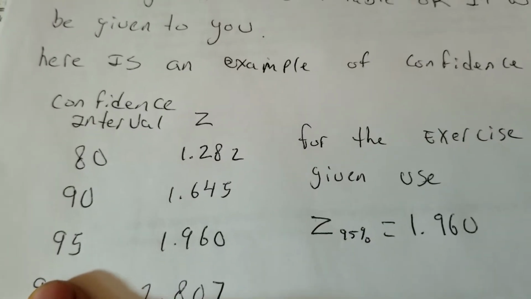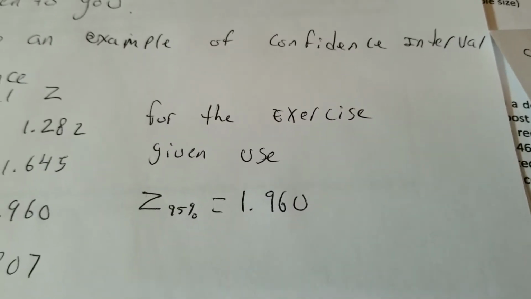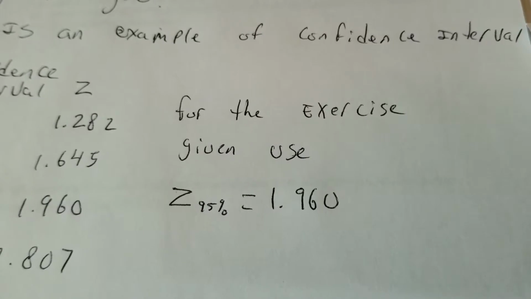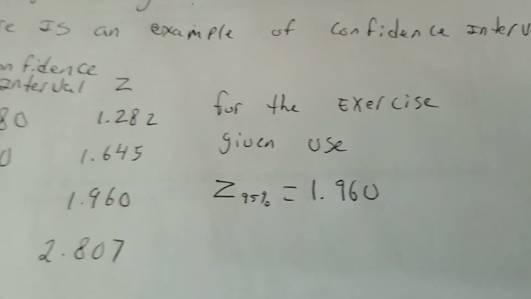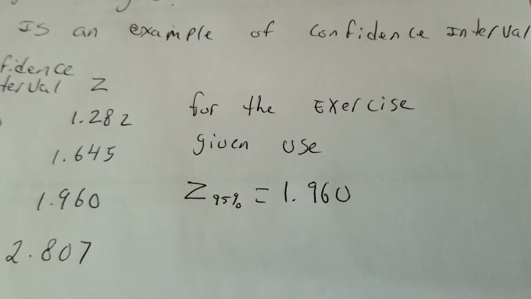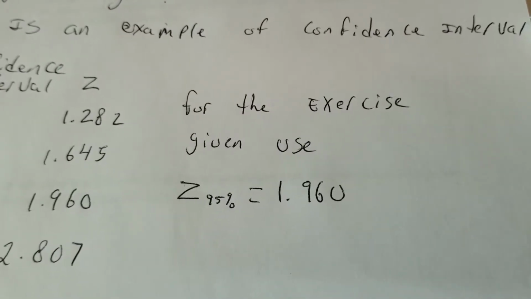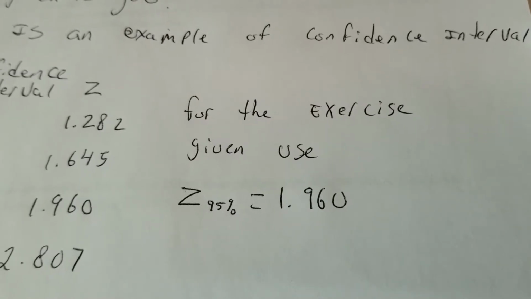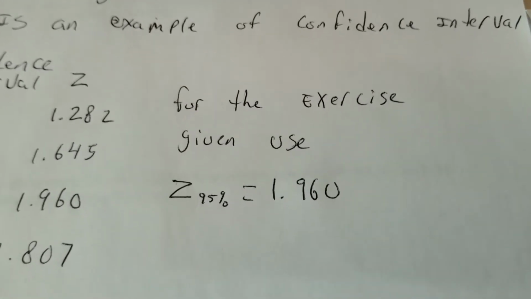We want a 95% interval. So for this exercise, z for 95% is 1.96. Again, either this is going to be given to you, or you'll be given a table, or you'll be able to get that number from a calculator. This is not something that you need to calculate.